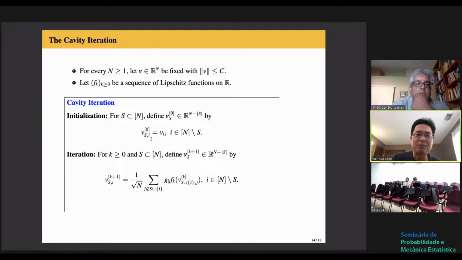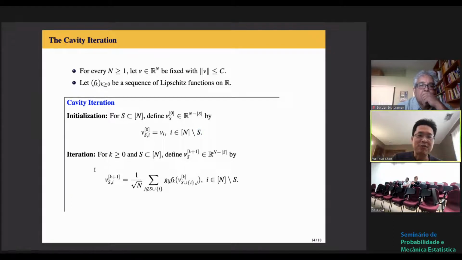So I initialize my vector, and this V_S is a vector that depends on S. When I put the S there, it means I'm going to kick out those indices from S. So inside my definition, I only define this vector for all i's inside 1 to n and delete the indices inside S.